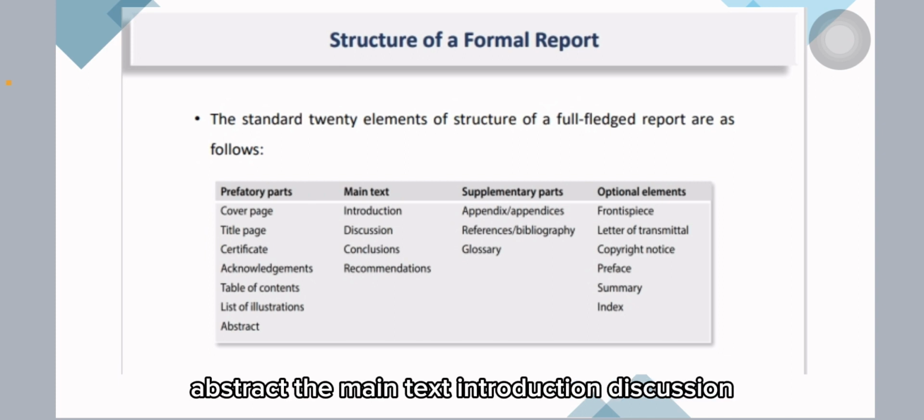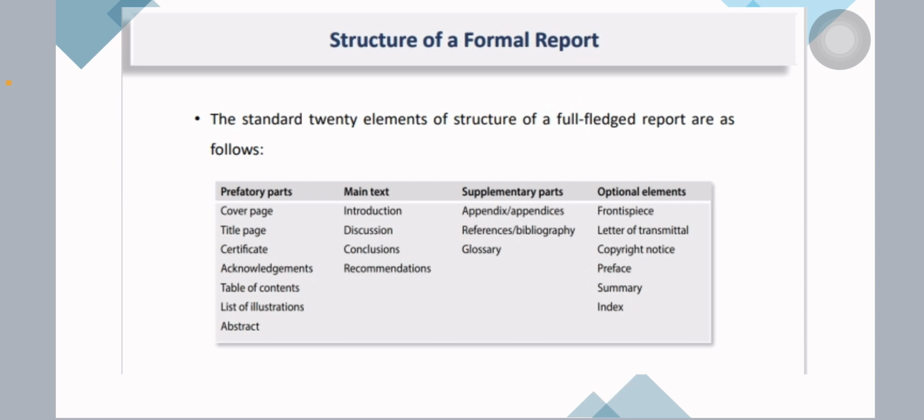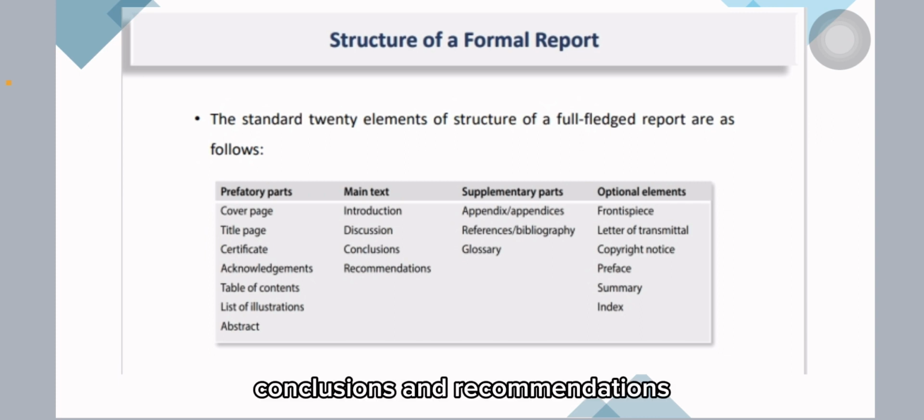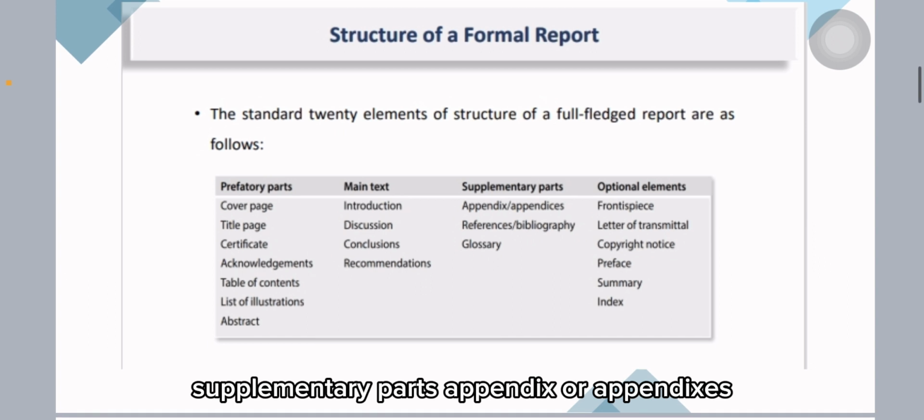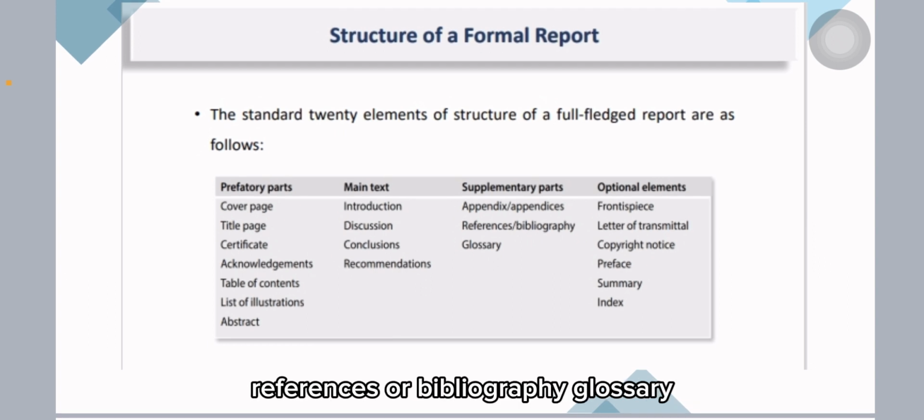The main text includes introduction, discussion, conclusions, and recommendations. Supplementary parts: appendix or appendices, references or bibliography, glossary. Optional elements are frontispiece, letter of transmittal, copyright notice, preface, summary, and index.